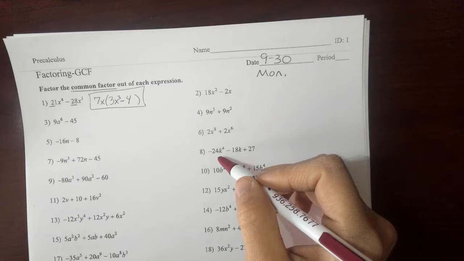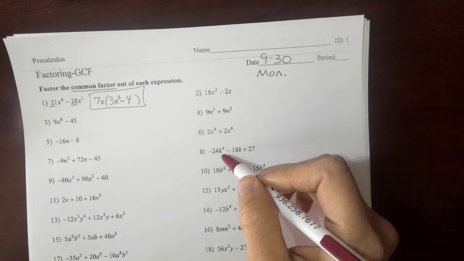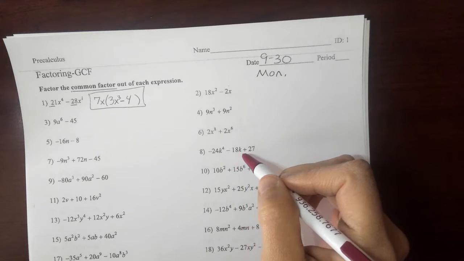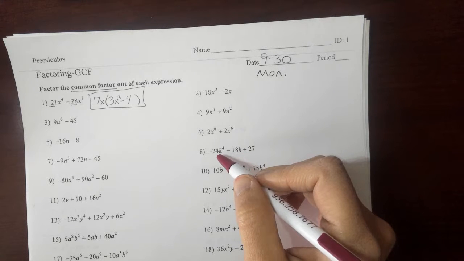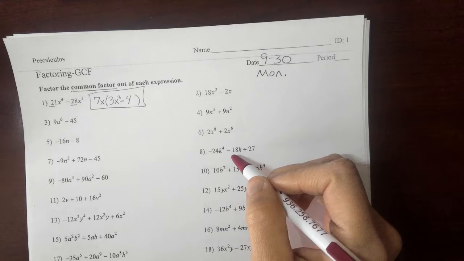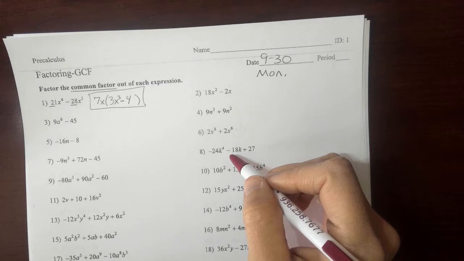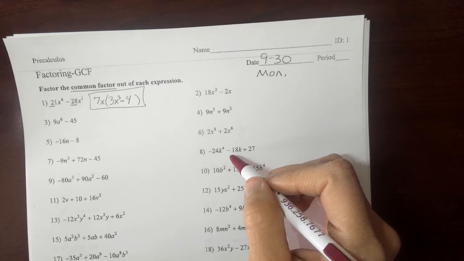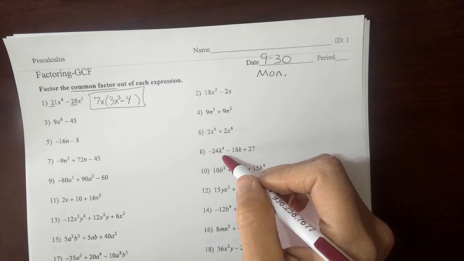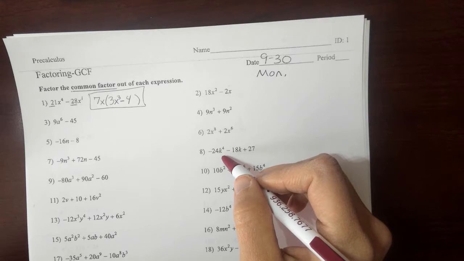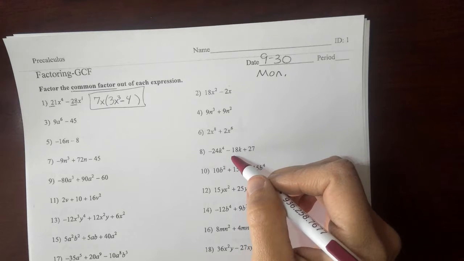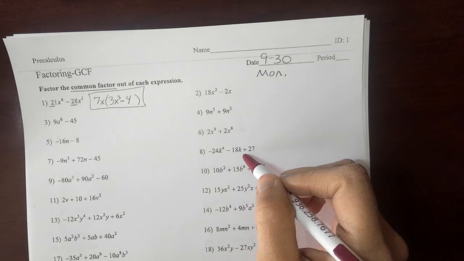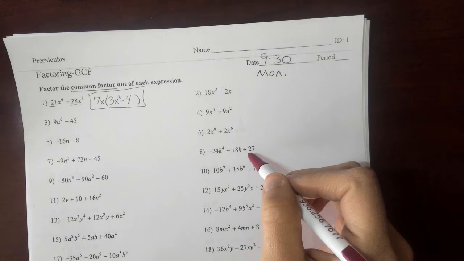So let's think of some factors of 24 that might be common with 18 and 27. 7 is not one. 8 is a possible, but 18 is not a multiple of 8. 4 is not a possibility. 9 is not a possibility. Let's see, 3 times 6. I think the greatest common factor between all of these would be 3.